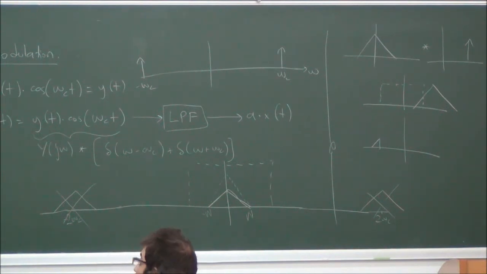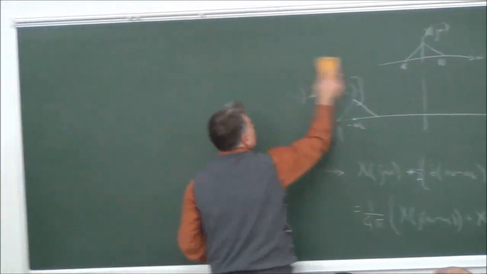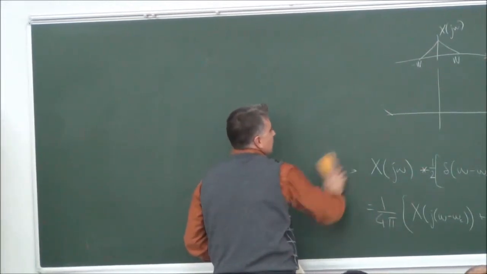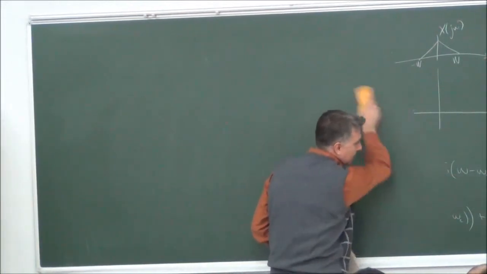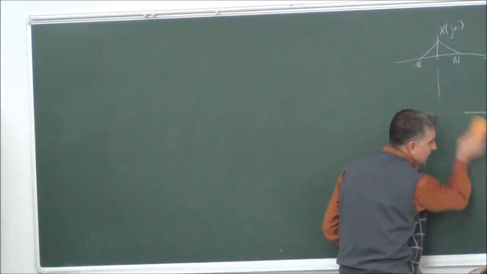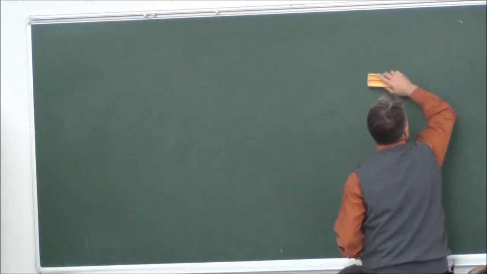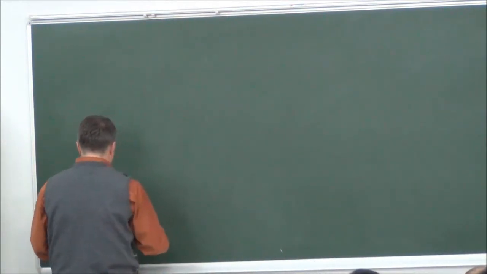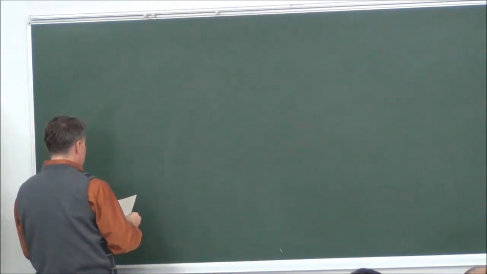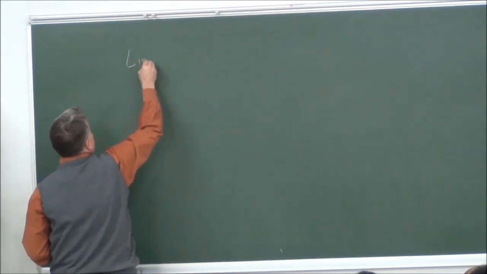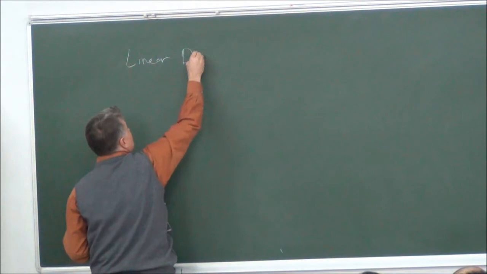Now, it's not a property that I'm going to talk about, but the utilization of a property in the Fourier domain that we will see now, which is the last thing that we will see for the continuous time Fourier transform. And that is linear differential equations.